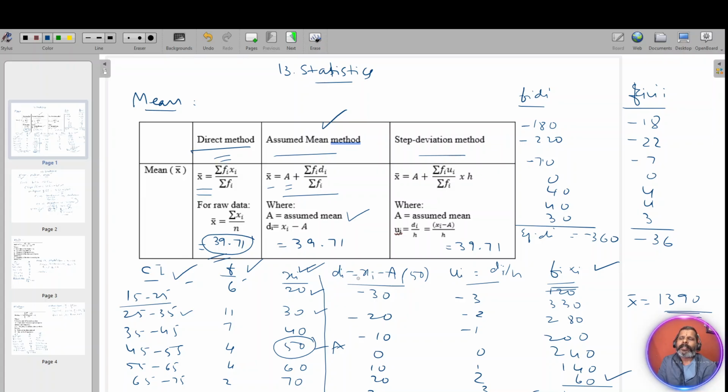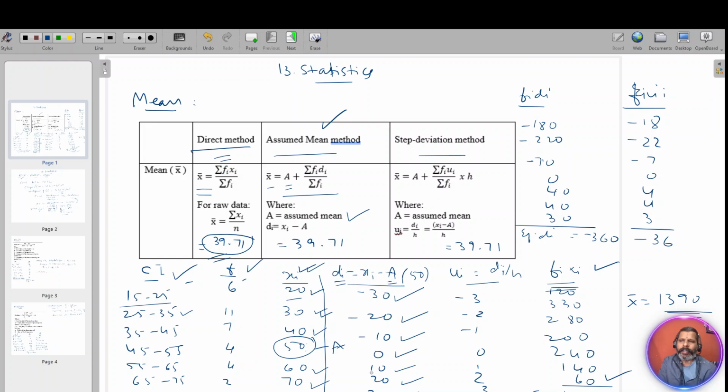How to use that is, di is equal to xi minus a. You have this xi column, and a we assumed 50. So xi is 20, 20 minus 50 is minus 30, 30 minus 50 is minus 20, 40 minus 50 is minus 10, 50 minus 50 is 0, 60 minus 50 is 10, 70 minus 50 is 20, 80 minus 50 is 30.